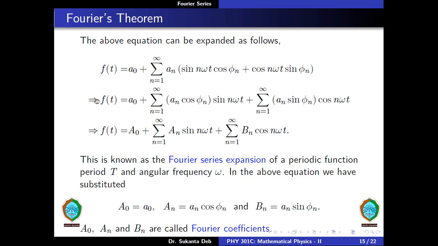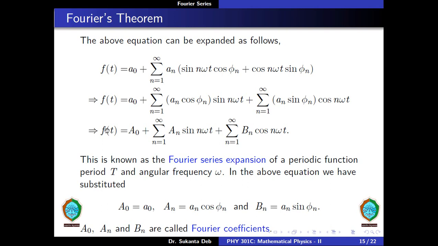And then from here we get f of t is equal to a naught plus summation over n is equal to 1 to infinity. Then we can separate the terms which do not contain t. So these are an cos of phi n, and we write them together: an cos of phi n sine of n omega t plus summation over n is equal to 1 to infinity an sine of phi n cos of n omega t. Now let us write an cos of phi n as capital An, and an sine of phi n as capital Bn.